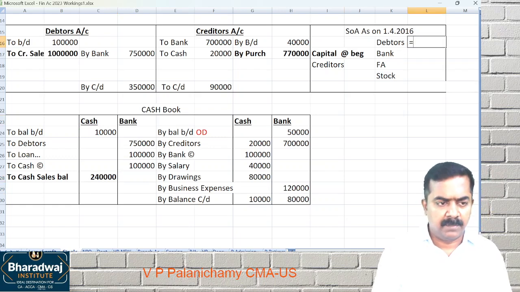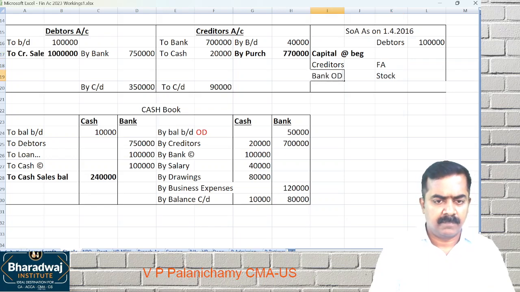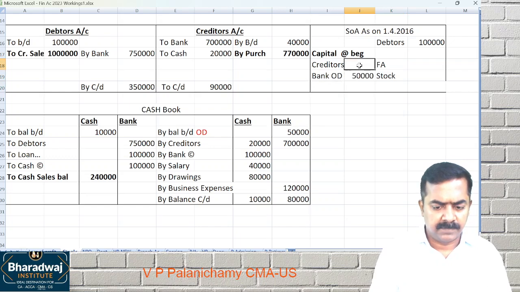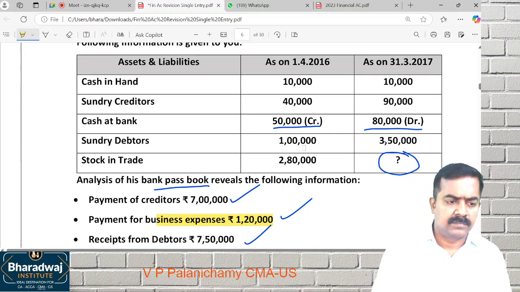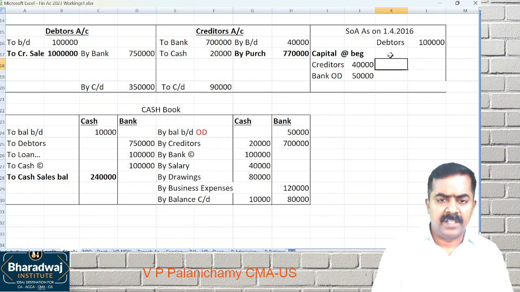Now we can prepare the opening balance of debtors. Opening bank balance is an OD. Creditors. See what else is there. How much opening stock in trade have they given?